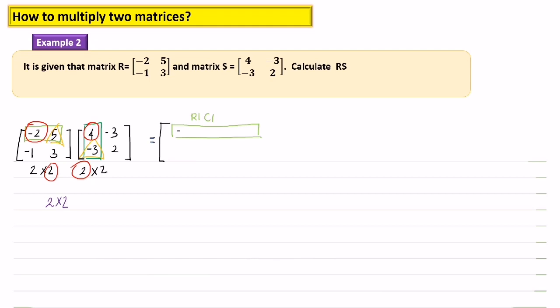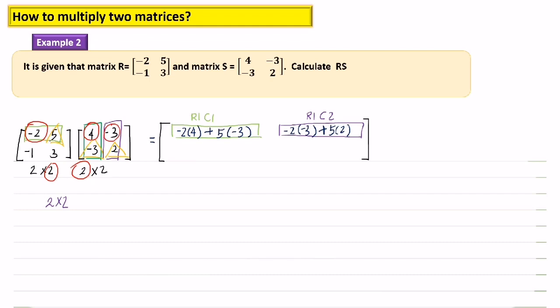I will write negative 2 times 4 plus 5 times negative 3. After this, we continue with first row, second column. So the element I write here is first row, second column. First number still negative 2 times negative 3, plus 5 times 2.